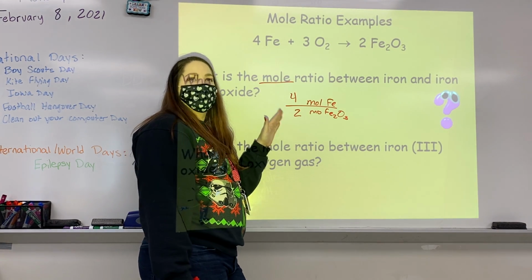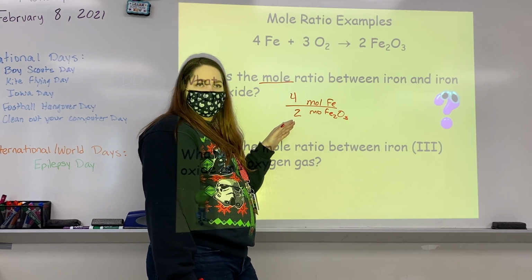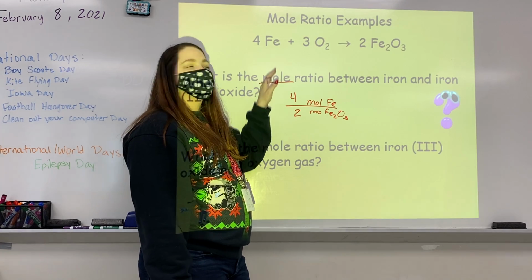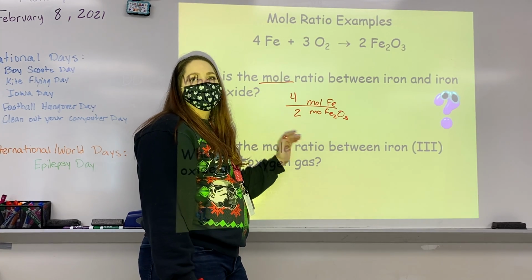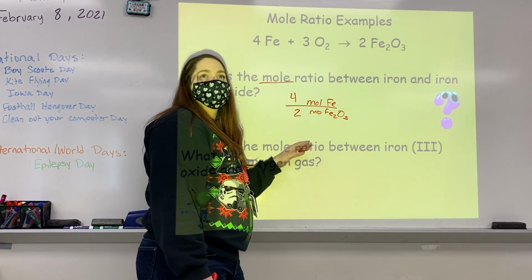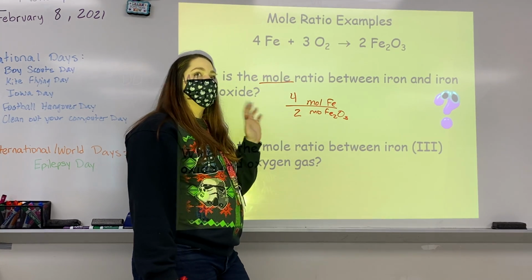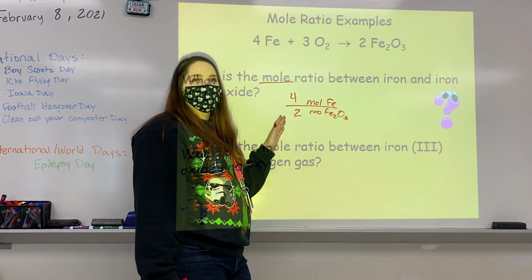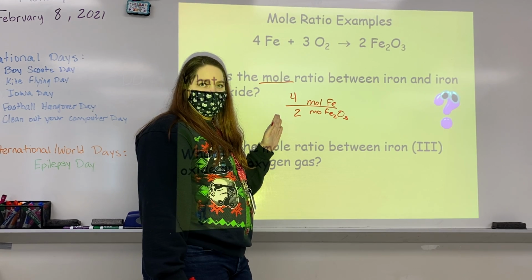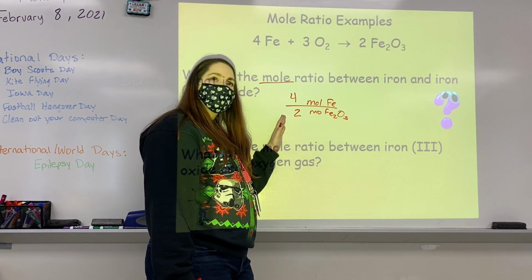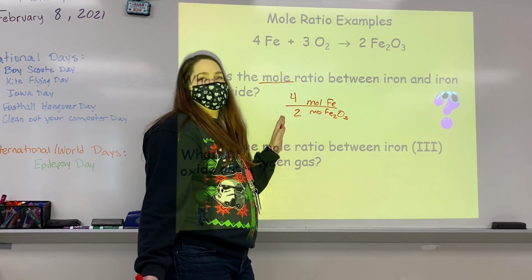So you can't reduce this. You have to keep whatever numbers are in the balanced chemical equation. Because if you reduce this, then your numbers are different, but those are not the numbers from the balanced chemical equation. So if I'm asking you for the mole ratio, keep it however the numbers are in the balanced chemical equation. If you are using this in your calculations, I don't care if you reduce this or not.